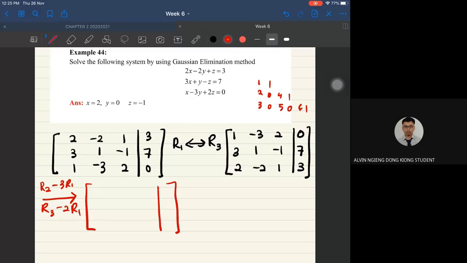So for this one, we should get 1, -3, 2, 0, 10, -7, 0, 4, -3, 0, 7, 3. Siti Nurdalila, what will be the next operation here?